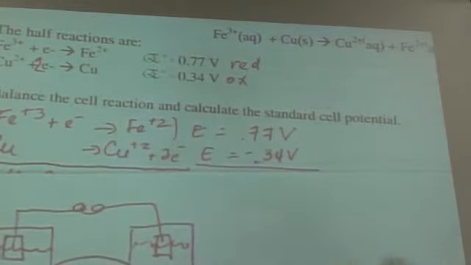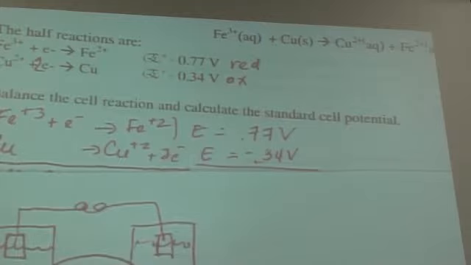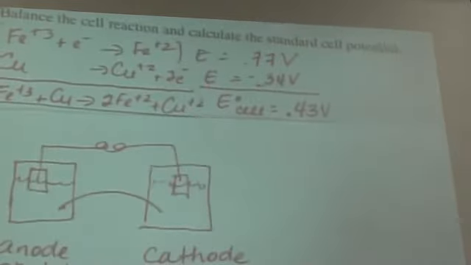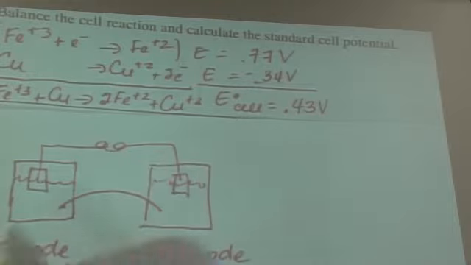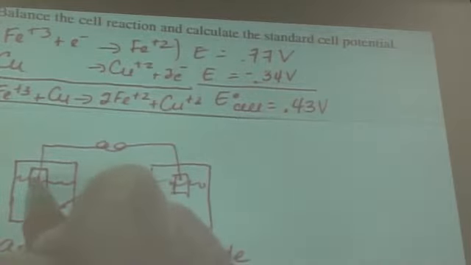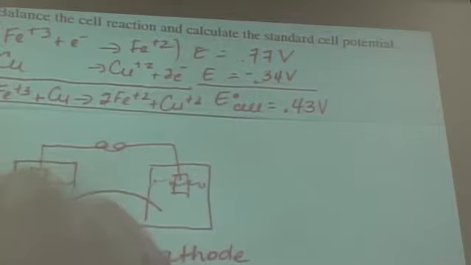Okay, I need to know what happens at the anode. Oxidation. And in our scenario that we have just done, that would be the copper. So this is going to be elemental copper, yes? A copper electrode.